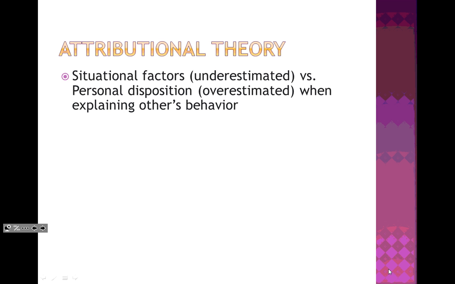So the situational factors could be the scenario that they're in, their life right now, their environment, things like that. While the personal disposition is basically their personality, and that's just who they are.